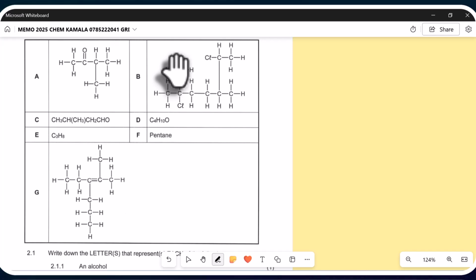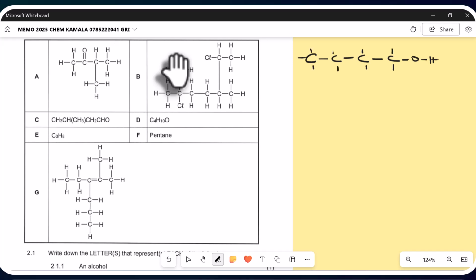Remember, an alcohol must have OH, so this is OH like this. Now counting the hydrogens: 1, 2, 3, 4, 5, 6, 7, 8, 9, 10. I see there are 10 hydrogens here, which means the answer is D. So D is the alcohol here.